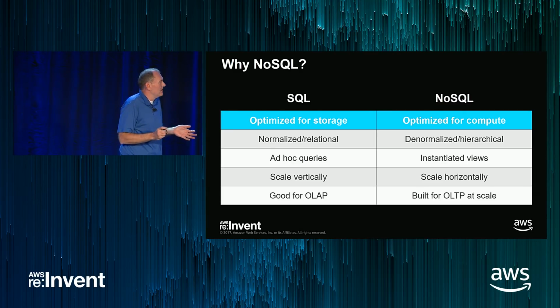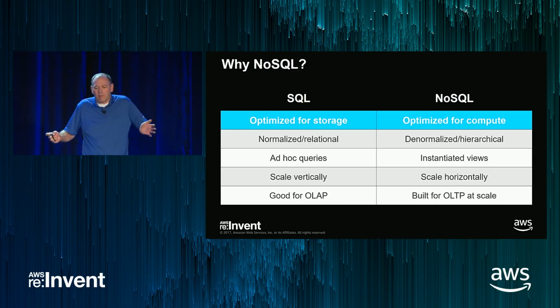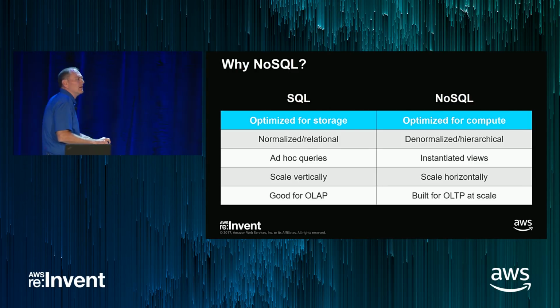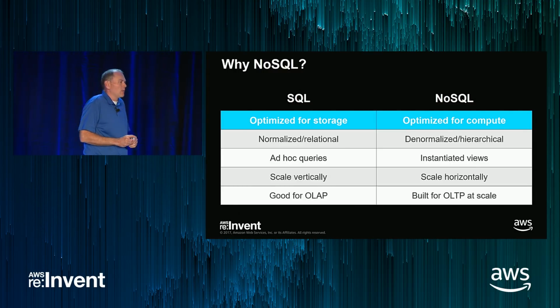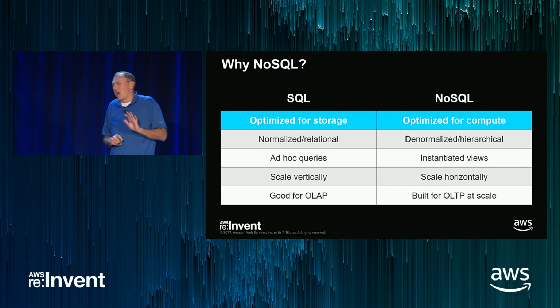Now, if it's ad hoc queries that I'm looking for, BI analytics, OLAP workloads, the type of things where I don't know how people are going to use this data, then maybe a SQL database might be a better store for you. And again, a couple options here. You can even look at NoSQL to back the OLAP workloads, but it's kind of like the data lake. We push this stuff out there. We run an EMR cluster or some MapReduce engine on top of this thing.